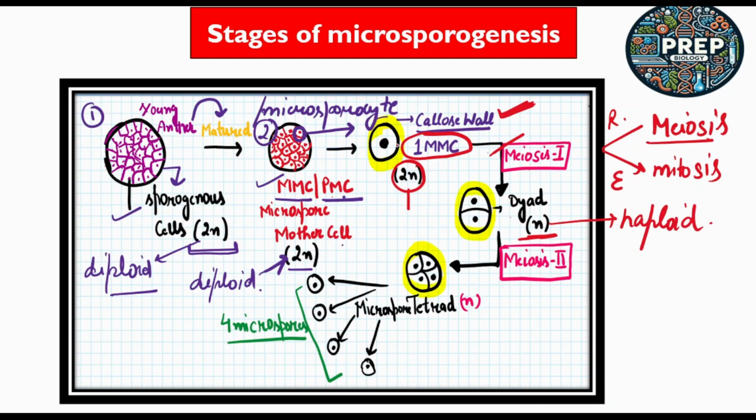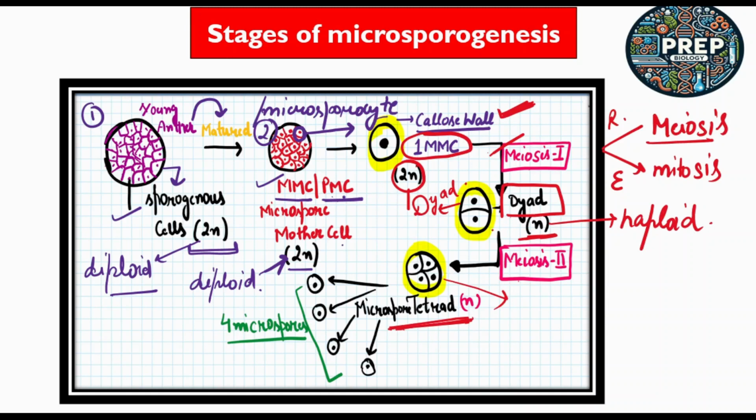Now one microspore mother cell is converted to two cells, which are called a microspore dyad. Dyad means two cells. Now this dyad undergoes meiosis 2 and forms the microspore tetrad.